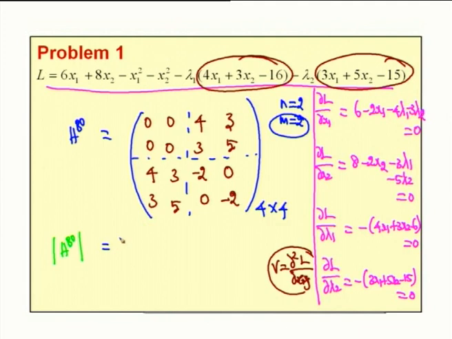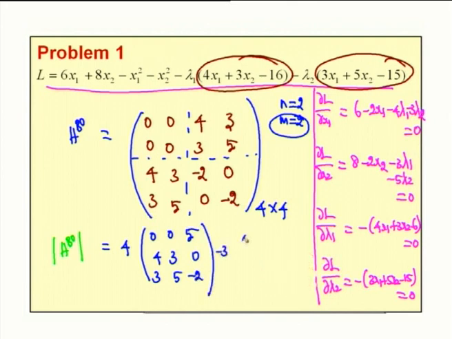For that, we find the determinant value of HB naught along the first row. The first entry 0, second entry 0, the third entry plus 4. So, 4 into, by omitting the corresponding row and column, collecting the remaining rows and columns, we have the matrix 0 0 5, 4 3 0 and 3 5 minus 2.